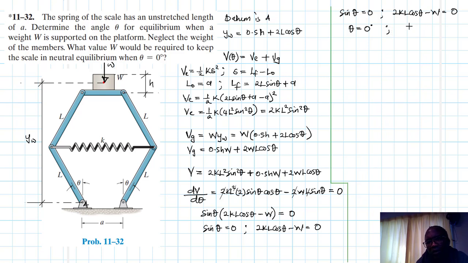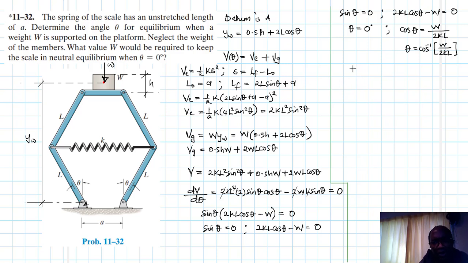Then the other one will have cos theta equal to w divided by 2kl. Therefore, theta will just be equal to cos inverse of w divided by 2kl. Okay, so we worked out the first one.